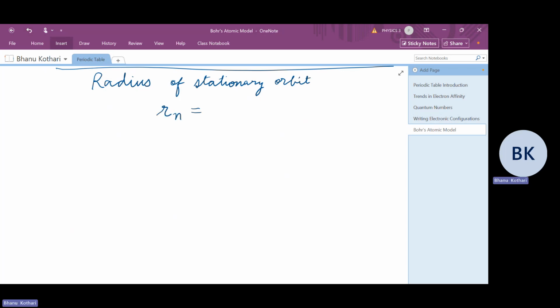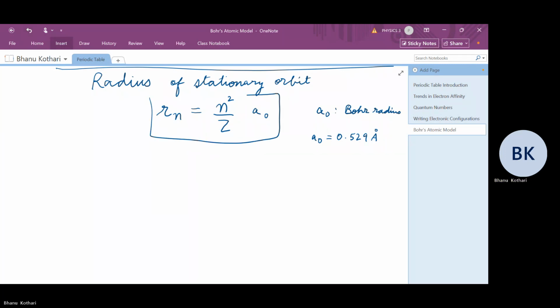Radius of nth orbit of any hydrogenic species will be n square divided by Z times a naught, where this a naught is called the Bohr radius. And the value of a naught is equal to 0.529 angstroms. You have to remember this formula for how to calculate the radius of the nth orbit.